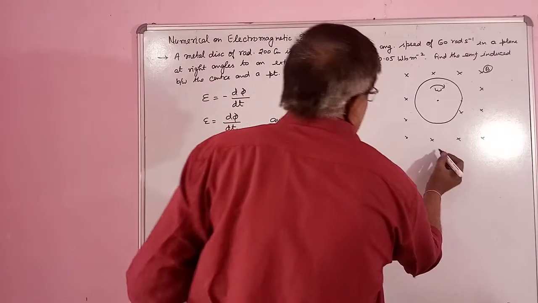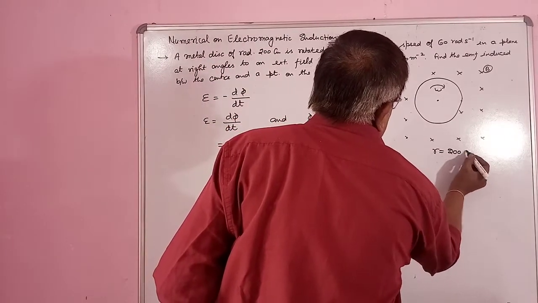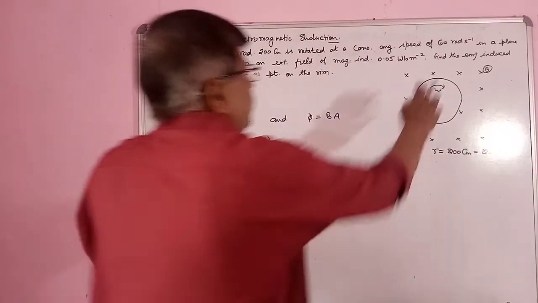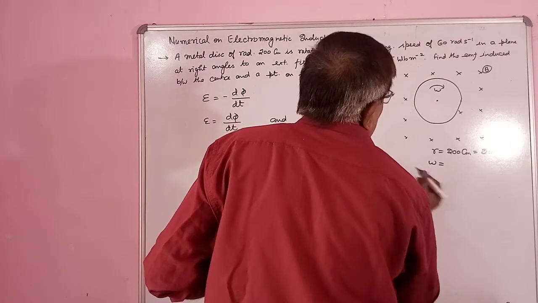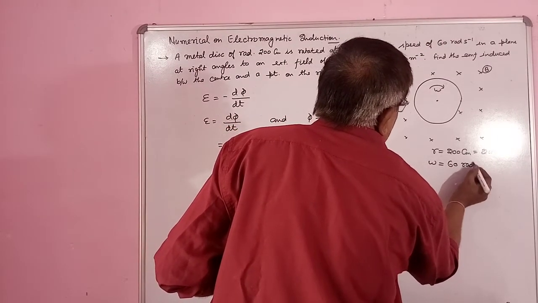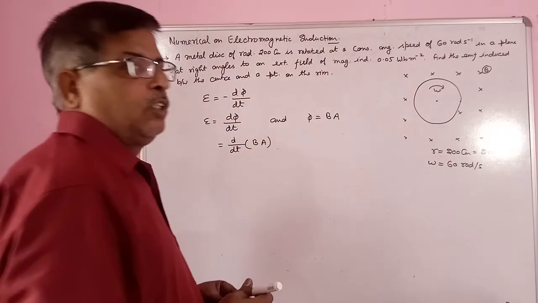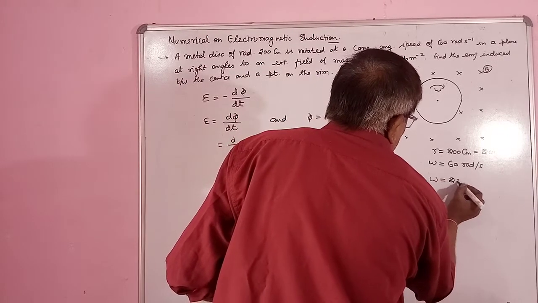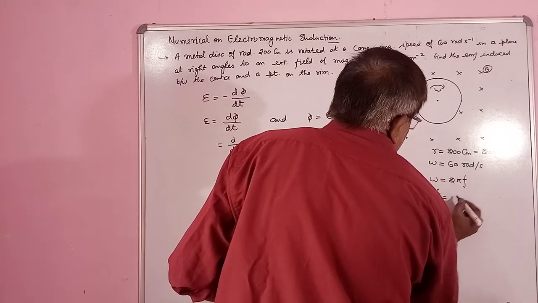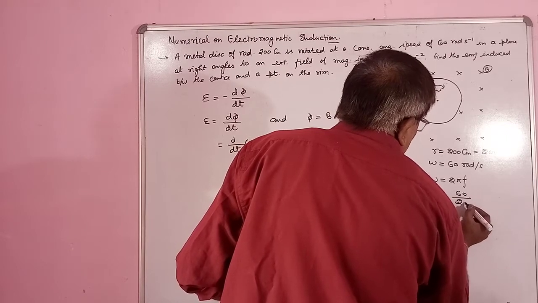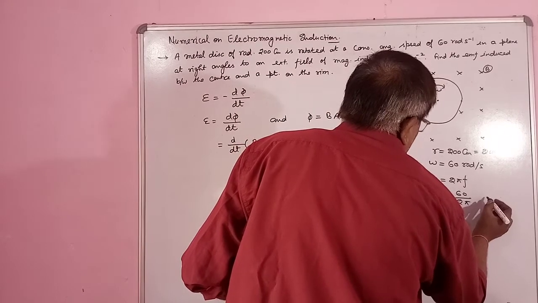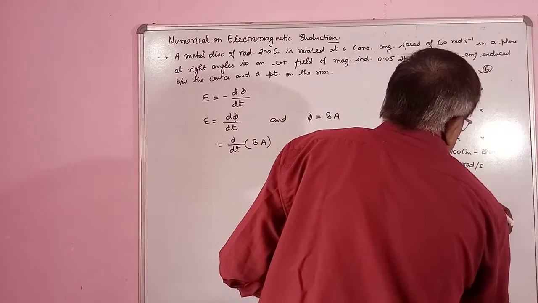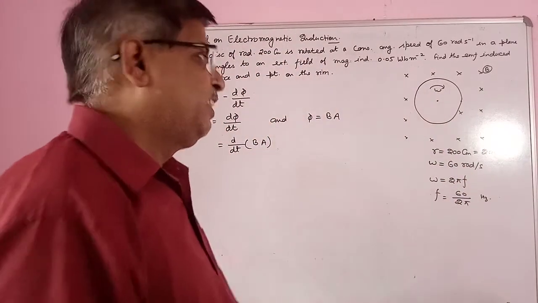What are the data given in the question? We have radius r equal to 200 centimeter, that is 2 meter. Second, omega equal to 60 radian per second. Omega equal to 2 pi f, so frequency equal to 60 upon 2 pi, and the unit of frequency is hertz.